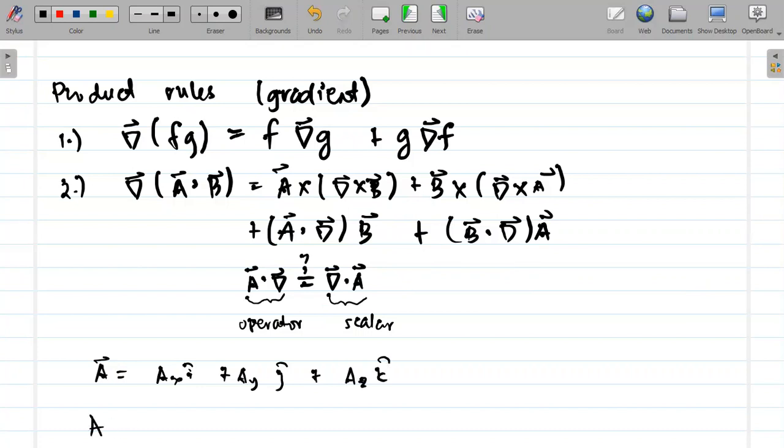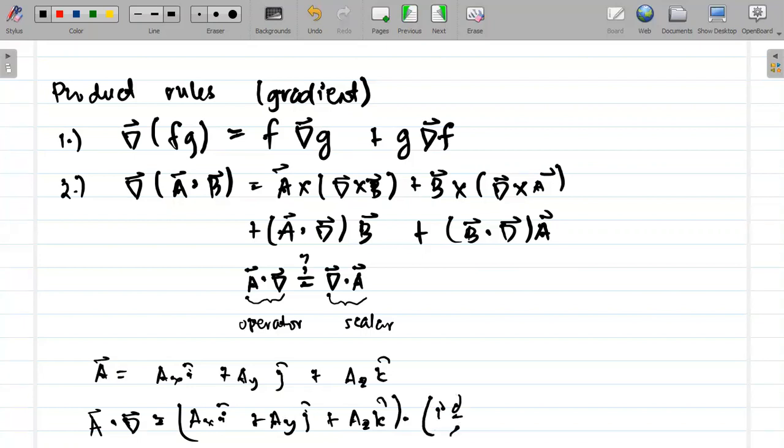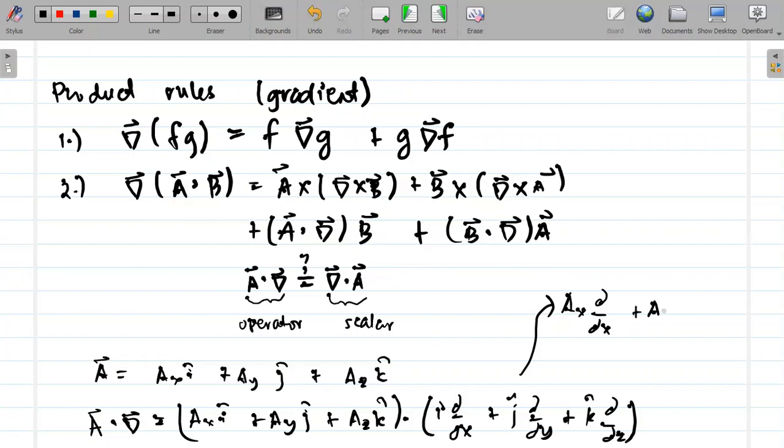Ang A dot del, that is AX i hat plus AY j hat plus AZ k hat dotted with i hat partial X plus j hat partial Y plus k hat partial Z. So class, ano ang result nito? Yan ay AX partial X plus AY partial Y plus AZ partial Z.